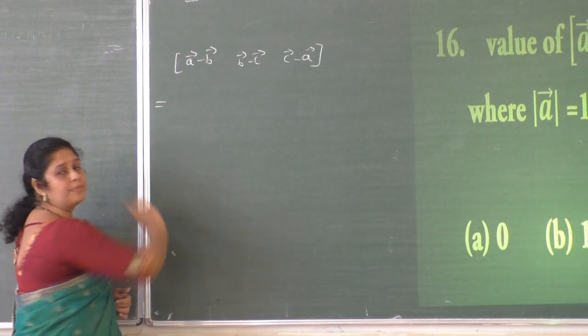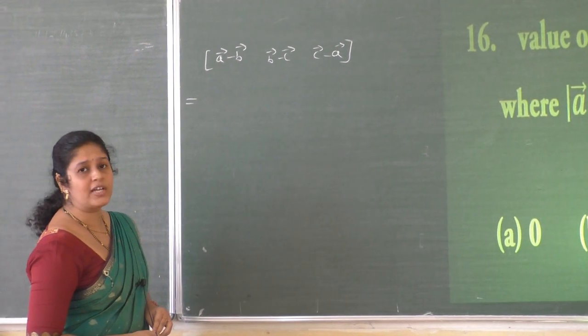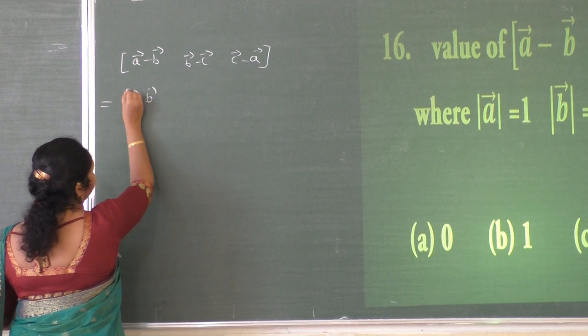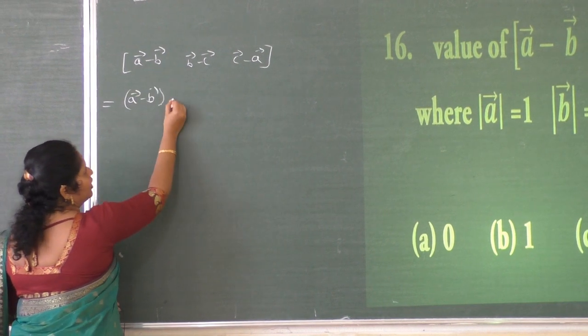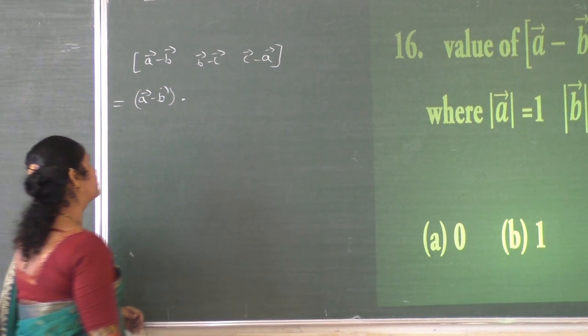Okay, let us find the box product of these three vectors, and the magnitudes of the three vectors are given. That is vector A minus vector B. Box product is first vector dot second cross third vector.